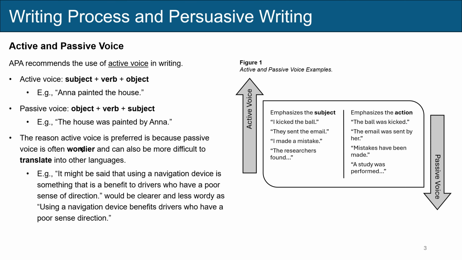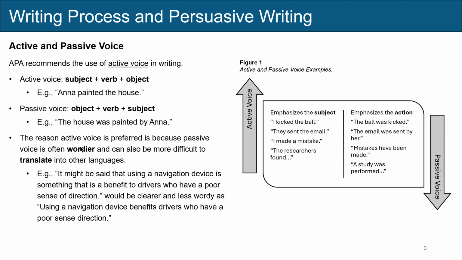One of the first things to consider with this is the use of active and passive voice. Now, if you are an English language learner, this might be new to you because not all languages have active and passive voices. But in English, we do have this. Active voice is when we have the subject ahead of any other objects in a sentence.